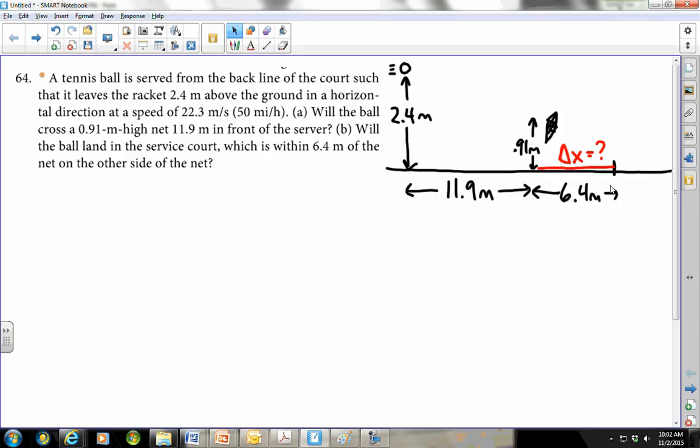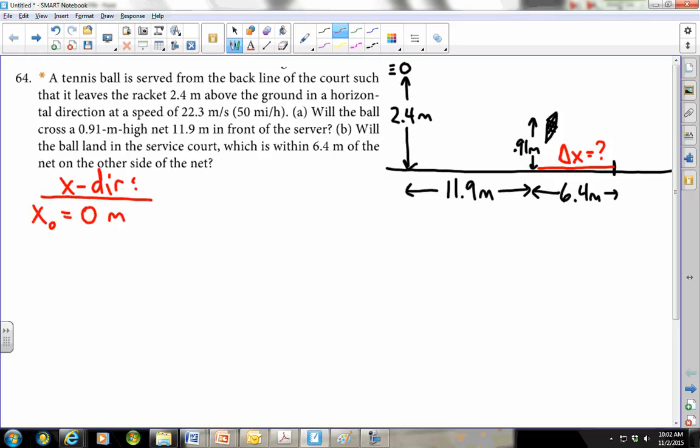So we have in the x direction, we're going to say that it begins at position 0, and that because in the first part they're saying, will the ball be able to basically go over the net, 11.9 meters in front of the server?